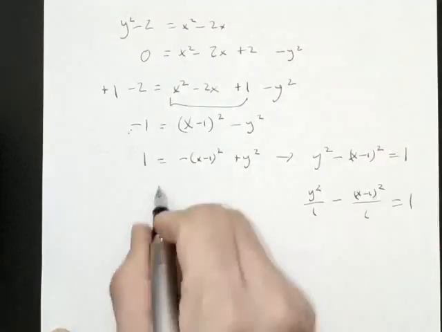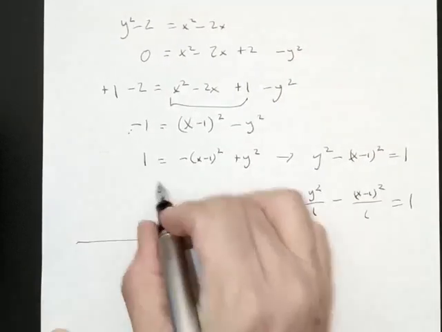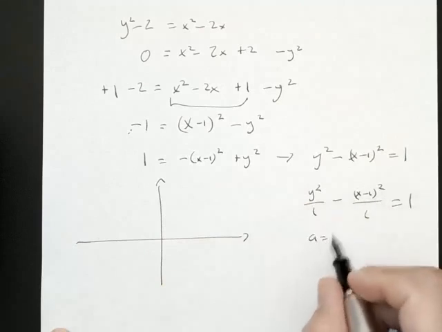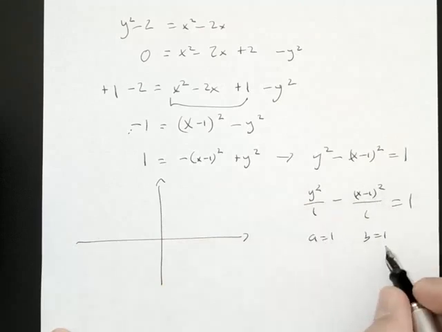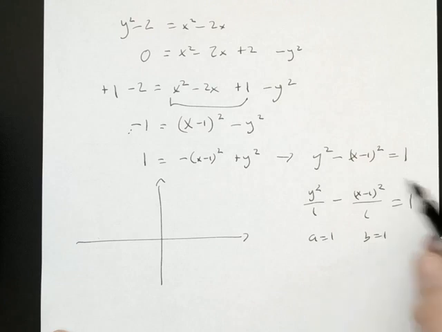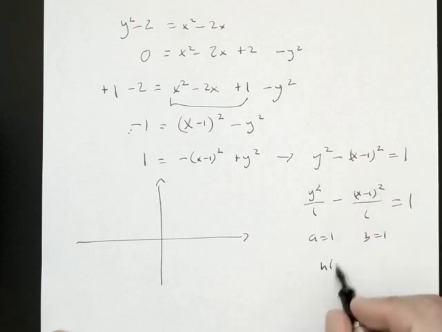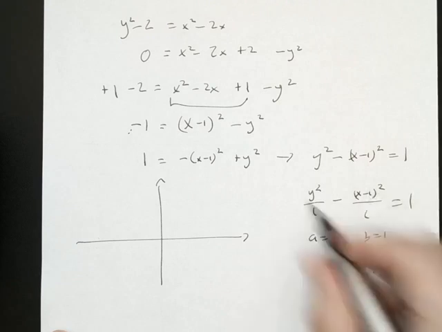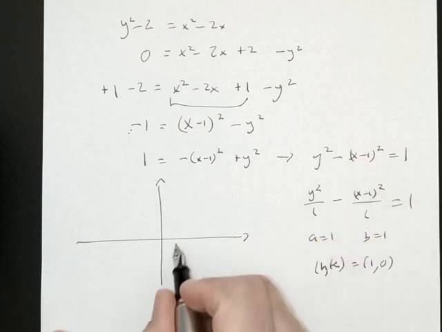Well, that means that the asymptotes are y equals slope plus or minus 1. And they go through the point h and k. H is 1, k is 0.